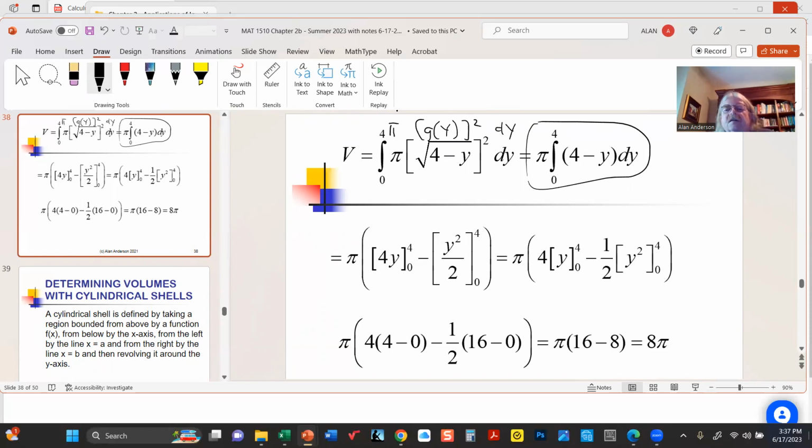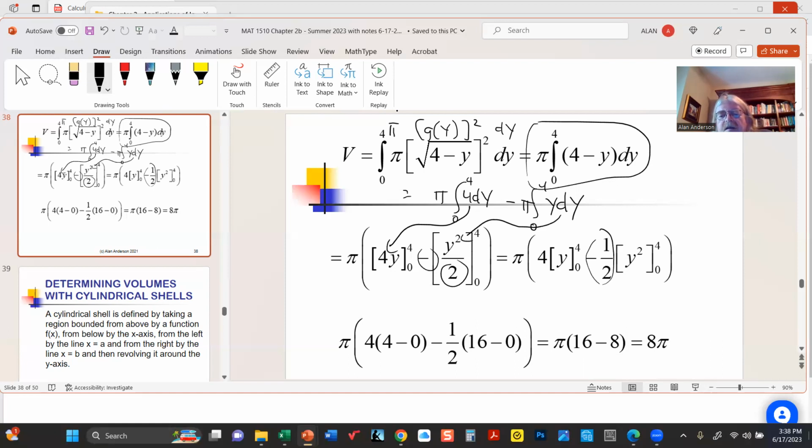There we go. And then you can see that when this one is integrated, it becomes 4y. And this one becomes y squared over 2. Now the pi is still on the outside, so keep it out there. Here I've moved the -1/2 to the outside.